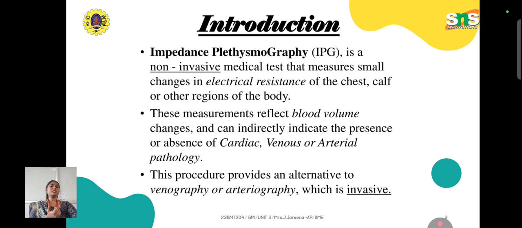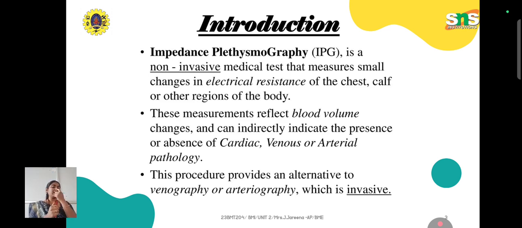First we will start with what is meant by impedance plethysmography, otherwise called IPG. IPG is a kind of non-invasive medical test which is meant to measure the changes in electrical resistance of the chest, calf or other regions of the body.